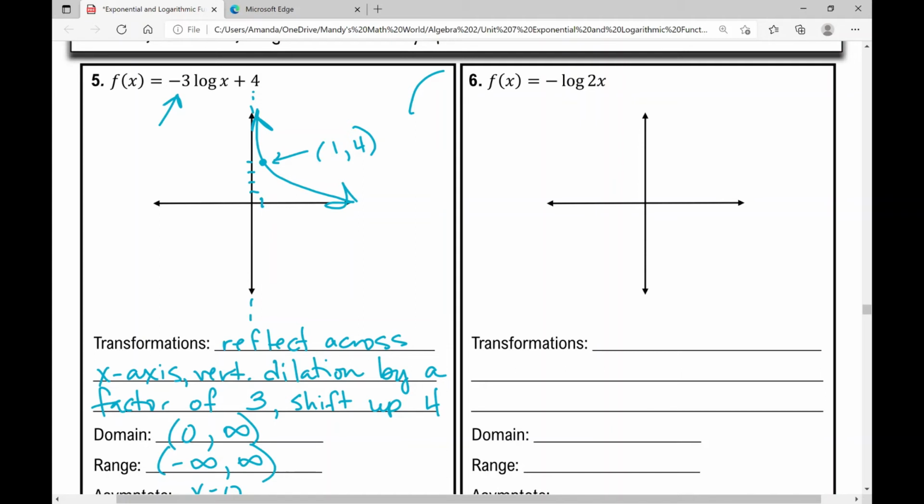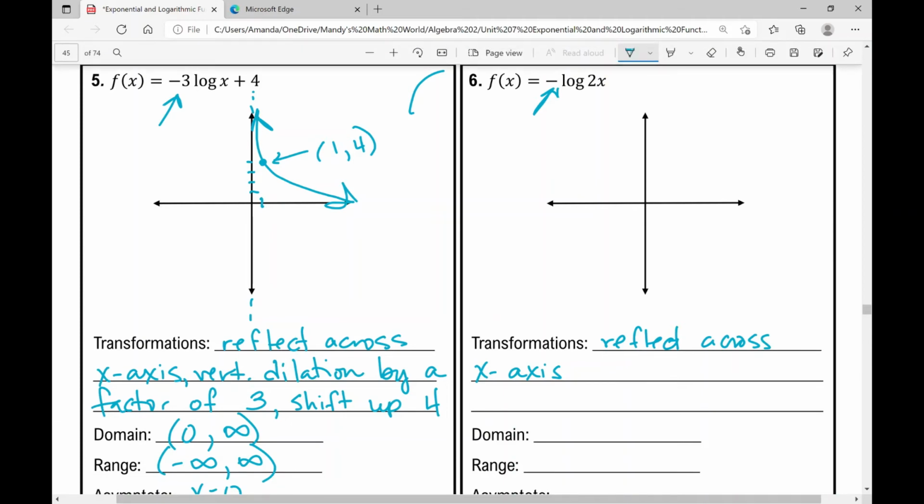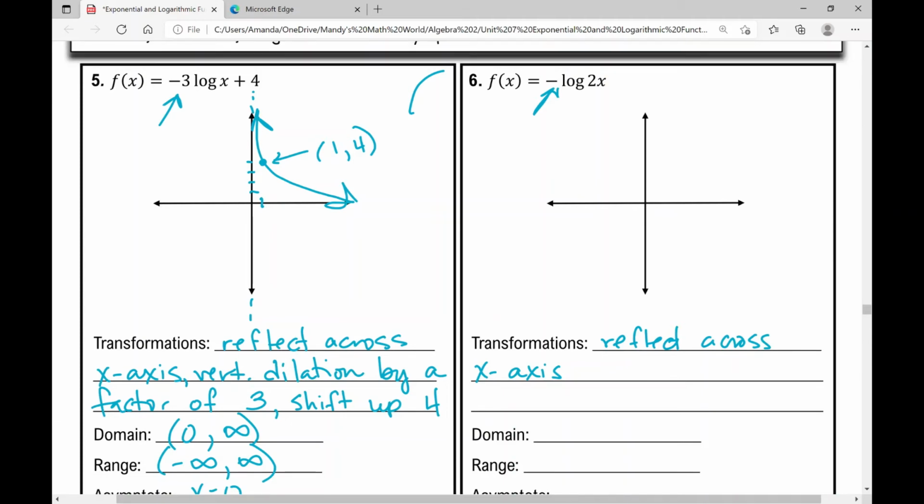So negative log base 2 of x, or I'm sorry, not 2 of x, negative log of 2x. So what happens here? That negative out in front is going to reflect across the x-axis. So let's write that down. And that 2 in front of the x is inside, so that's horizontal.